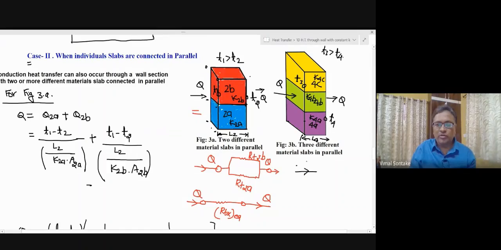So Q will be the flow quantity having temperature difference T3. So 3 thermal resistances of wall material 4A, 4B, and 4C will come into picture.